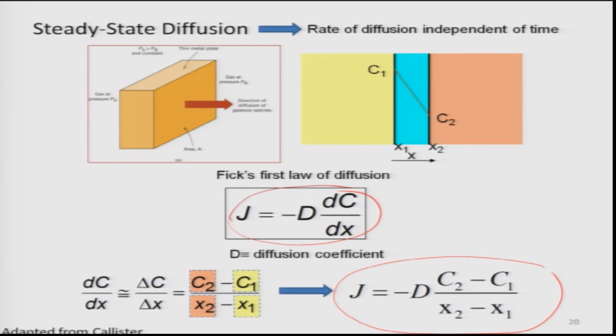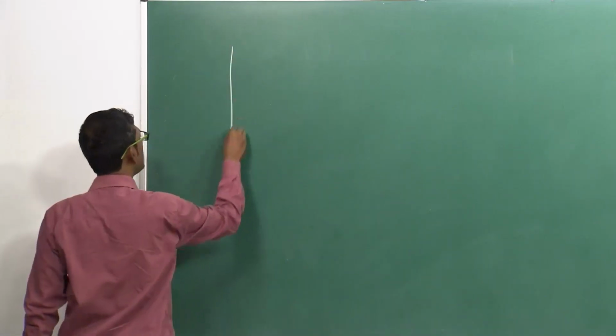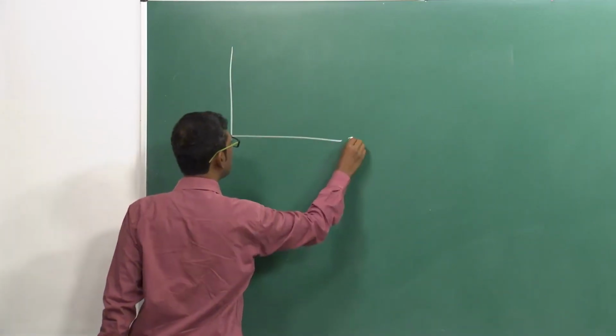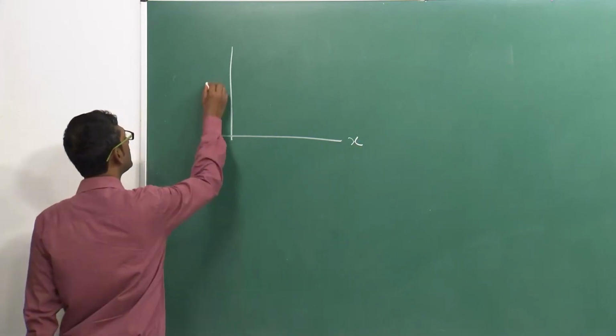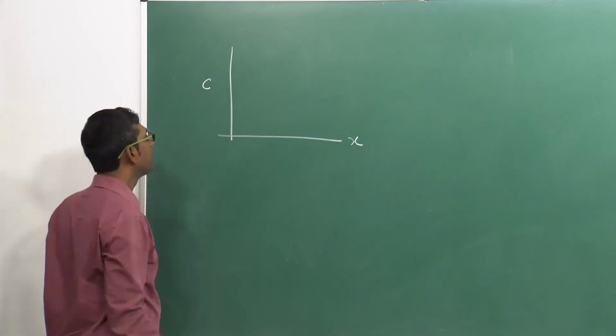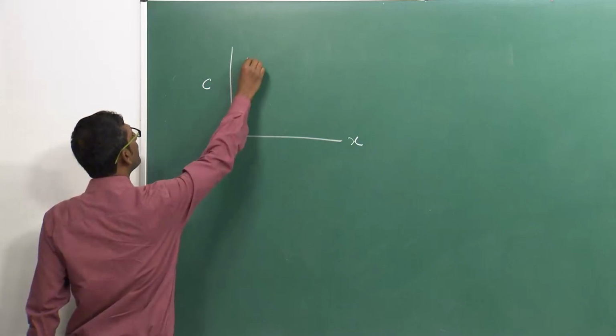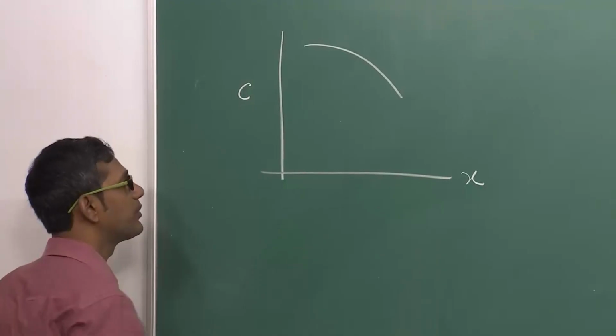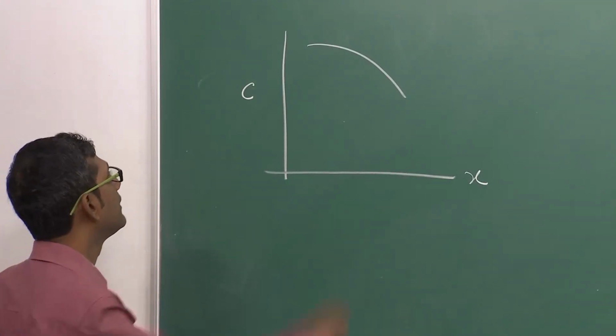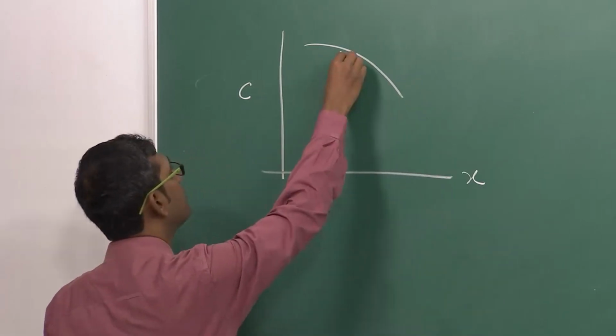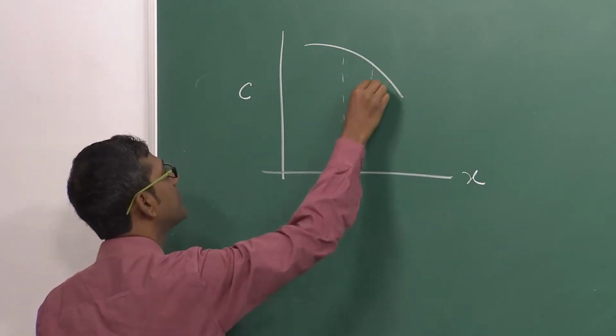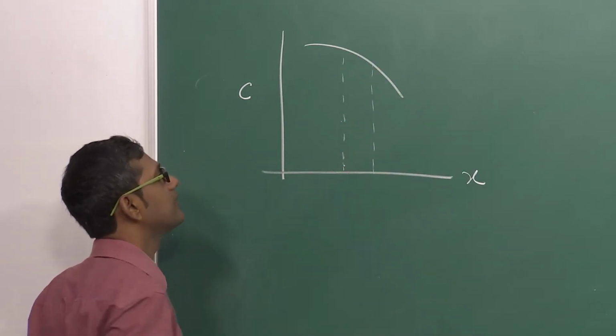I will go back to the board and explain how the second law can be derived. So, let us assume that I have a one dimensional case in which this is the distance, this is the composition, for any solute. Now, also assume that this is how the composition profile goes. It can be a straight line or it can be curved, it does not matter, but for generality let us assume that this is a curve.